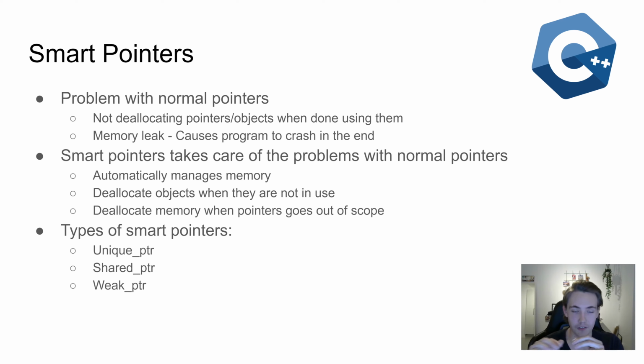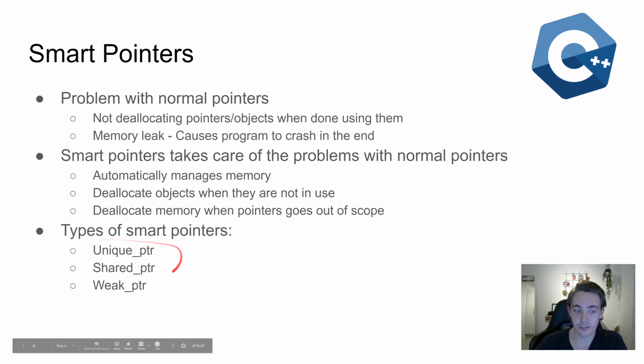Let's say we have a function where we're using some pointers. If we use normal pointers and leave that function without deleting or deallocating them, they will cause a memory leak. But if we use smart pointers and go out of scope, they automatically get deallocated from memory, and that's a really cool thing about smart pointers.